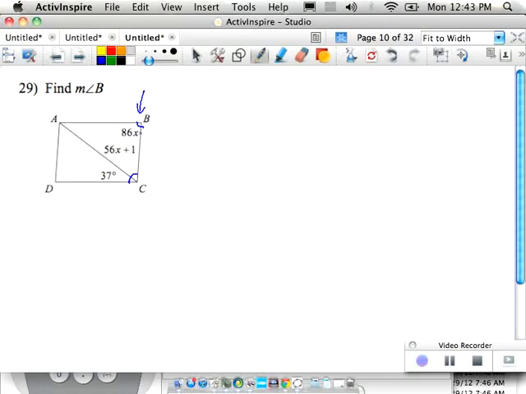Now I know that I have three angles here, but it's really a supplementary relationship, so that means that we have 37 plus 56x plus 1 plus 86x, and altogether that's going to equal 180. If I simplify the 37 and 1, that's going to give me 38.